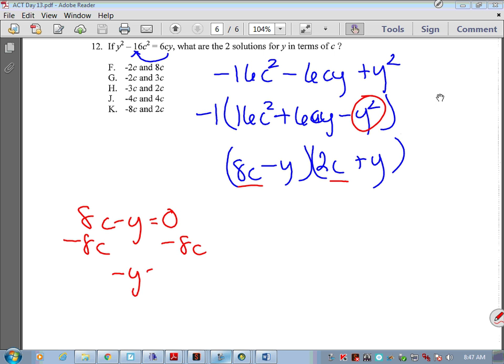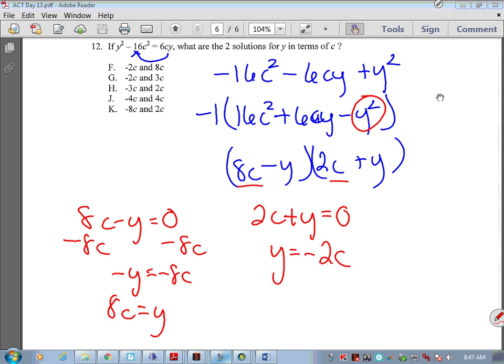So -y equals -8c, or 8c equals y. And then on our other one, we've got 2c plus y equals 0. Subtract 2c, so y equals -2c. So solutions for y, solving for y in terms of c, are 8c and -2c.